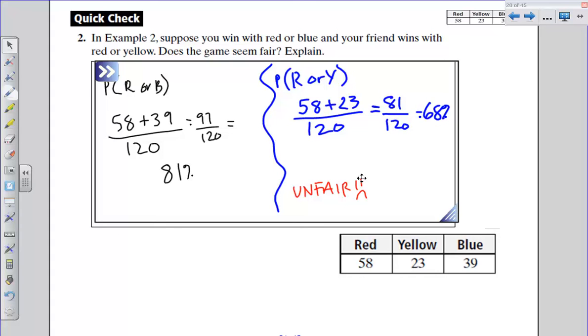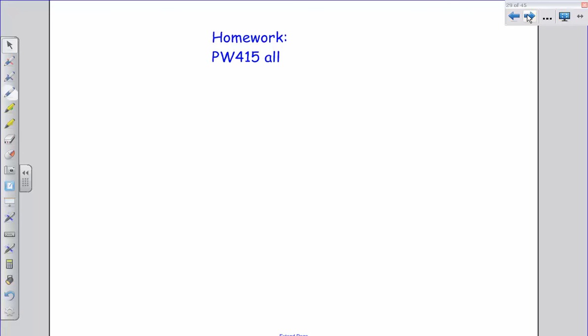Those numbers aren't close to each other, so that's going to be an unfair game. But an unfair game that is good for me, because I can win with blue or red. Whee! Alright, so that is our second quick check, and I think that's our last example problem.